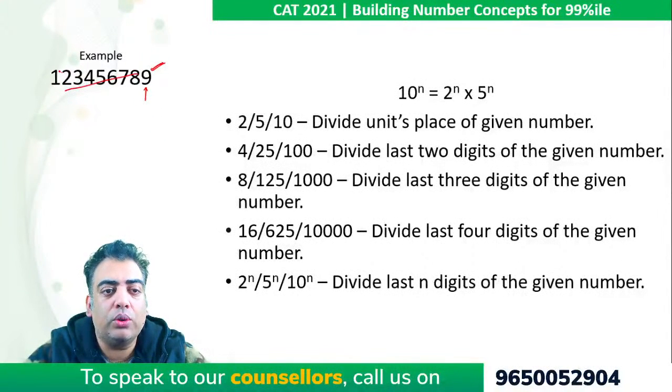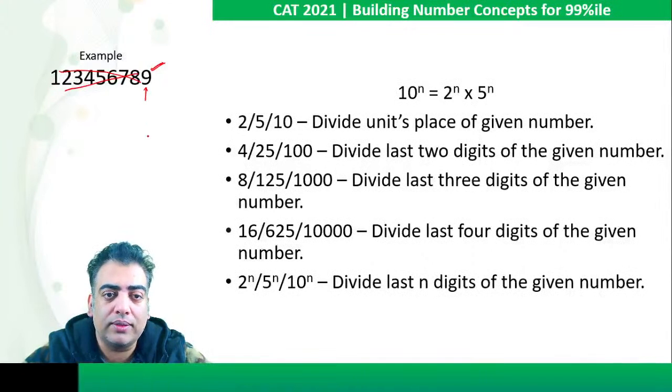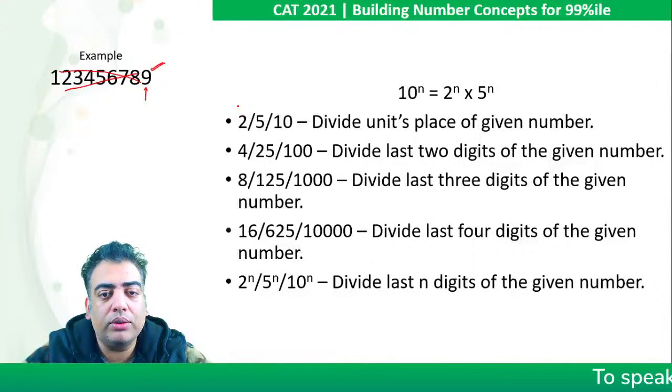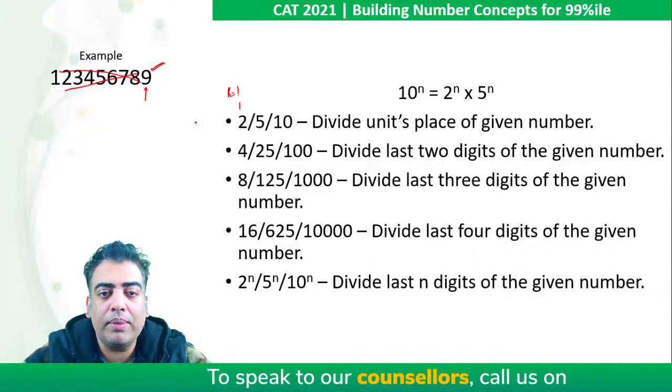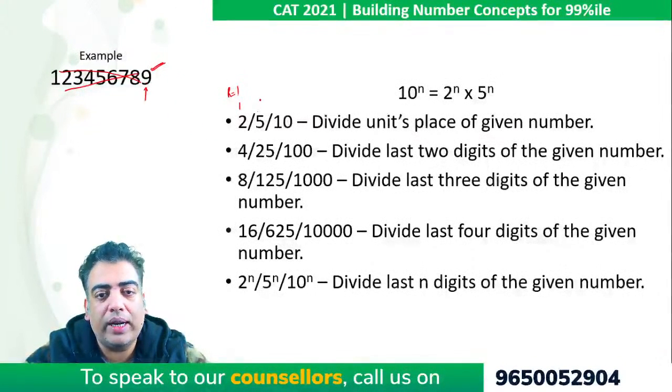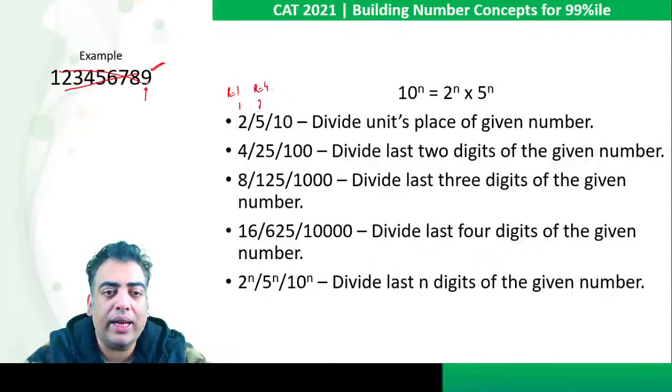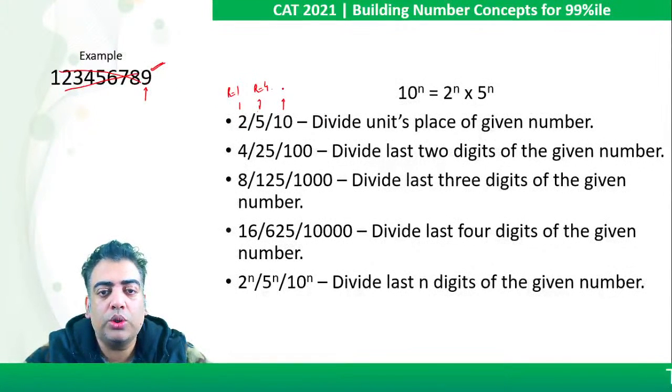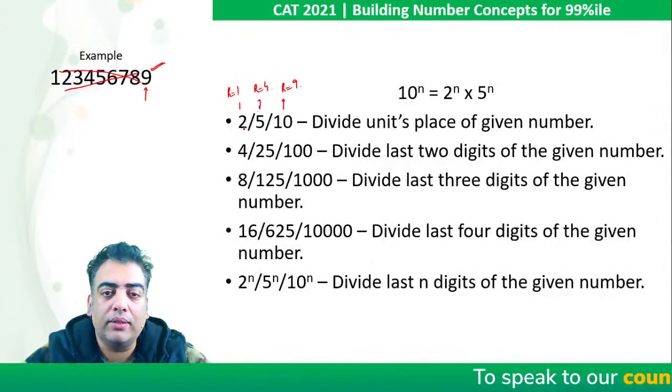I have nothing to do with the value which is written before this. 9 divided by 2, the remainder comes out to be 1. If I am required a remainder by 5, I will again divide 9 by 5. So 9 divided by 5, the remainder comes out to be 4. If I am required a remainder by 10, again I will divide 9 by 10. So the remainder comes out to be 9.